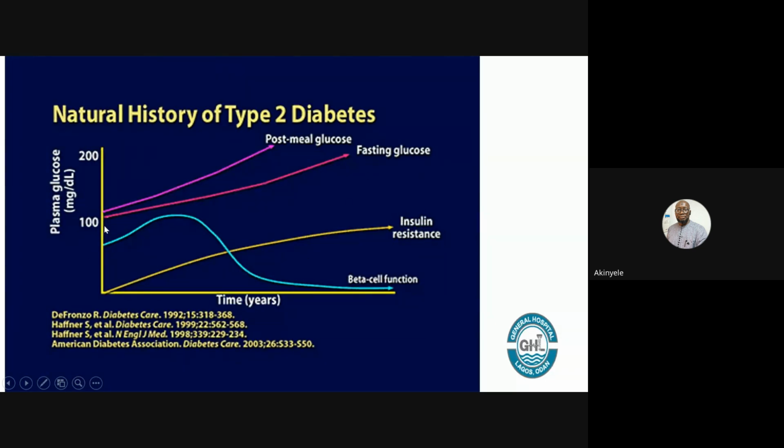And that's why when you rely on measuring the fasting blood sugar alone to diagnose your diabetic patient, you will miss someone who has been diabetic for several years. And because of that, many of them will present much earlier with complications. So we always advise that when you want to diagnose diabetes, it's better you do an oral glucose tolerance test, which will show you the postprandial blood glucose state as well as the fasting blood glucose state.